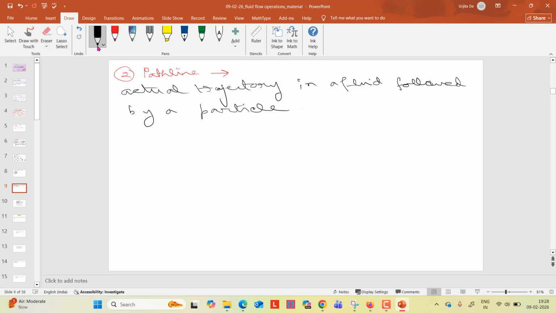So what is the path line equation? The path line equation is simple because you know u. So dx by dt equals to u, dy by dt equals to v. So it is a time based calculation because you are watching the trajectory of the fluid particle. That is why the definition is time based.